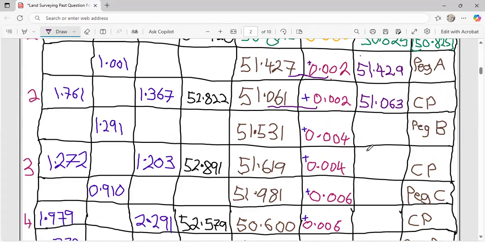Also, let's quickly complete the other ones. Quick. Let's add this and this. 51.531 plus 0.004. What are we getting? We're going to get 51.535.